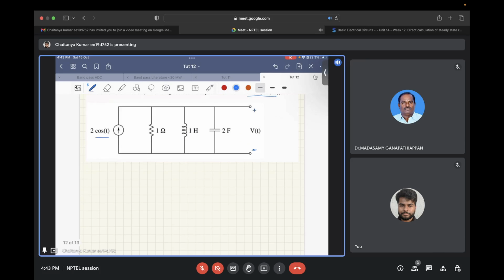So let's solve it. So the overall impedance that this current source will be seeing will be 1 ohm, this is j omega, as value of L is 1, and the capacitance as 1 upon j omega into value of capacitance, that is 2.